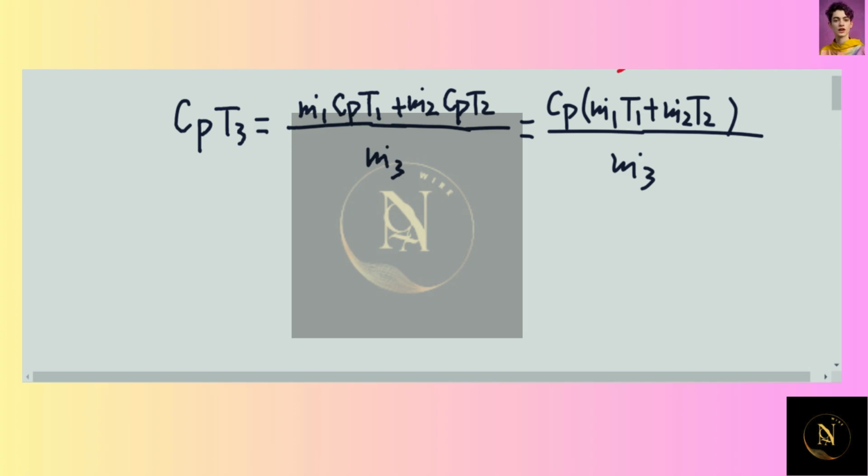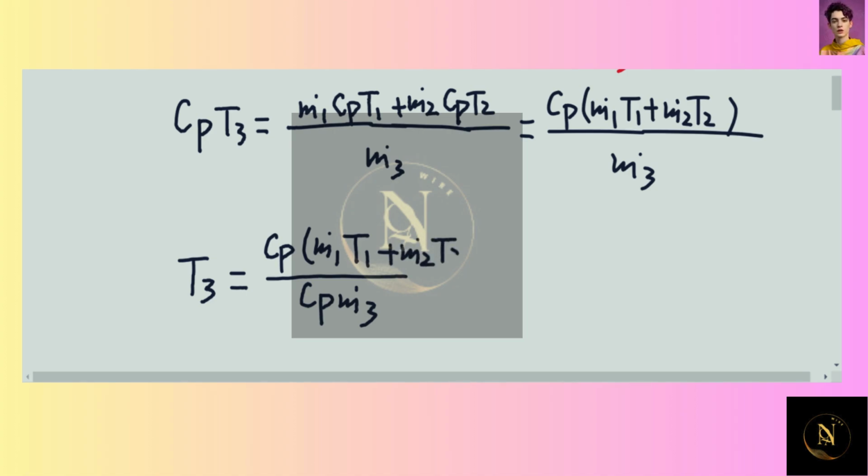So I have T3 is equal to Cp M3 dot in the bottom, and what's up there is Cp times M1 dot times T1, and then plus M2 dot times T2.